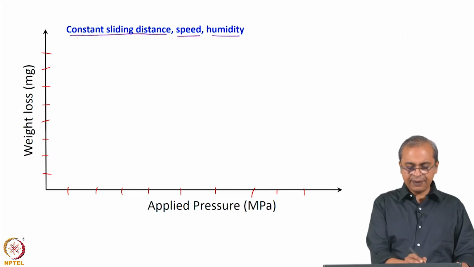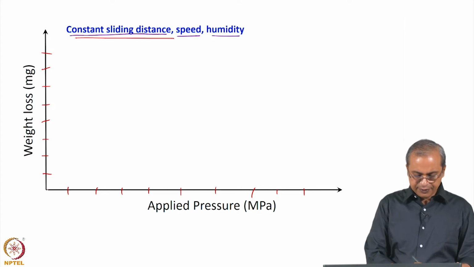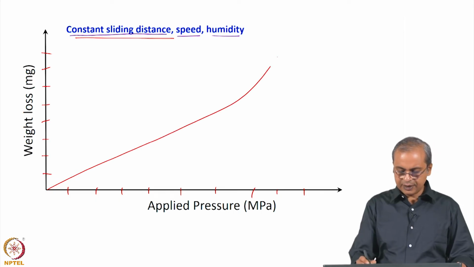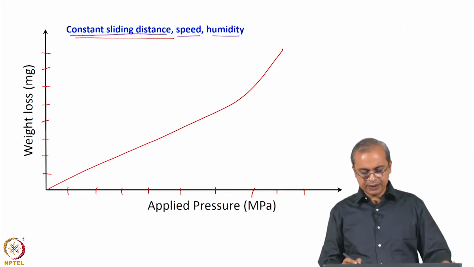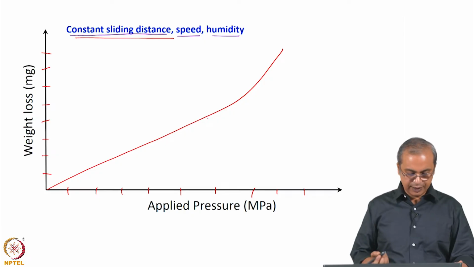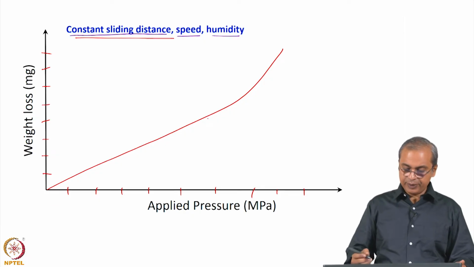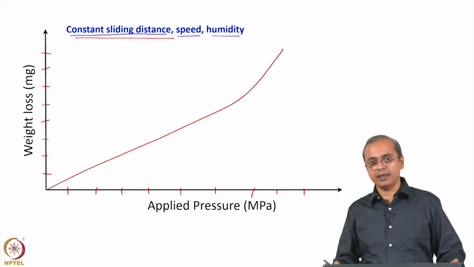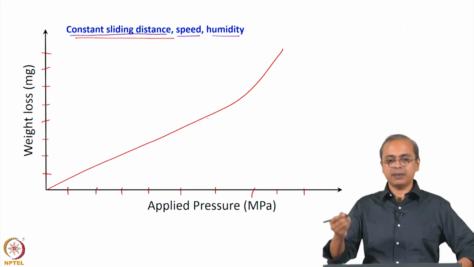But the distance travelled is the same. You may see something like this, because at higher and higher pressure you may see a behavior that deviates from your original linearity, and you may start seeing much higher weight loss as the pressure you apply goes beyond some threshold value.